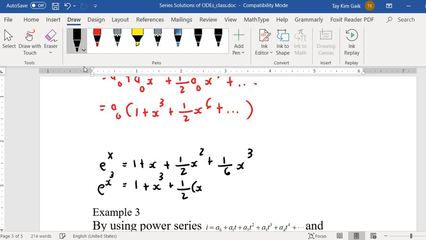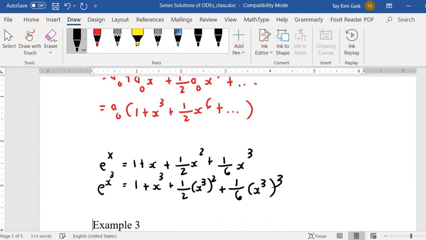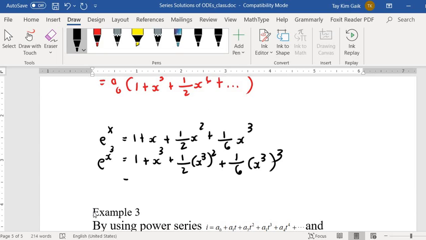So you get 1 plus x cubed plus 1 half x power 6, plus 1 over 6 x power 9.